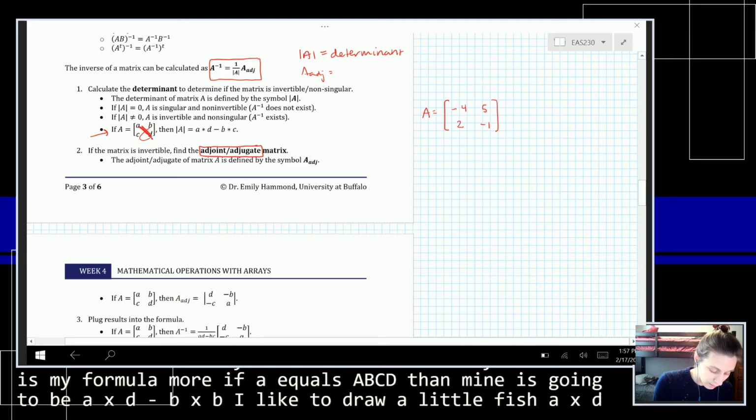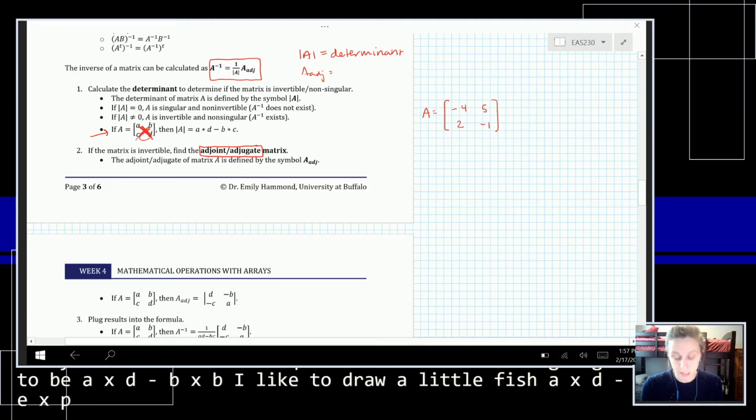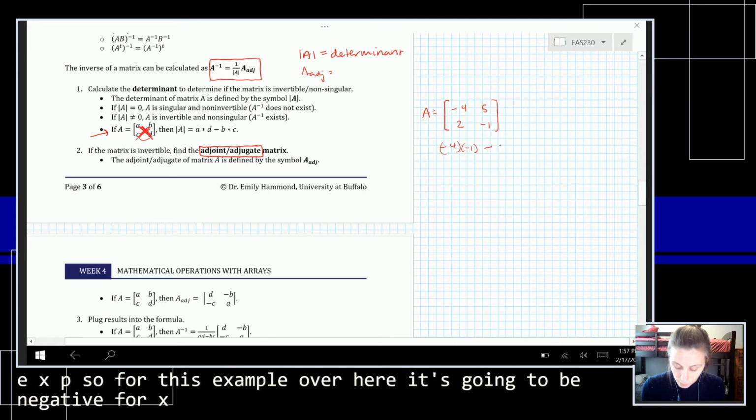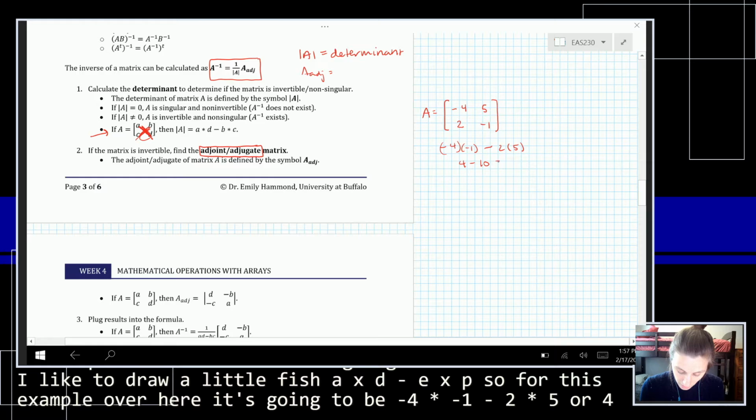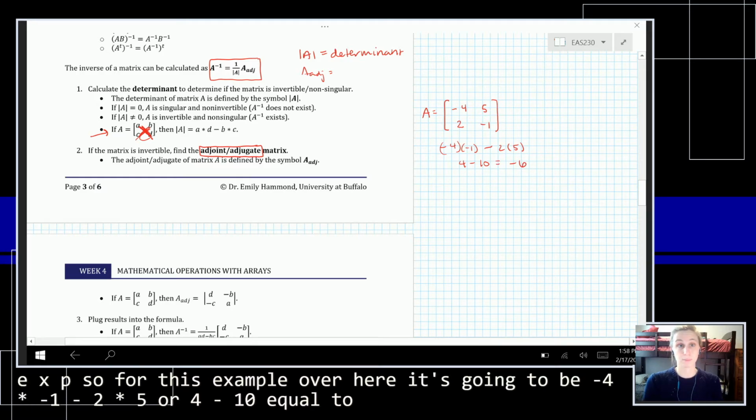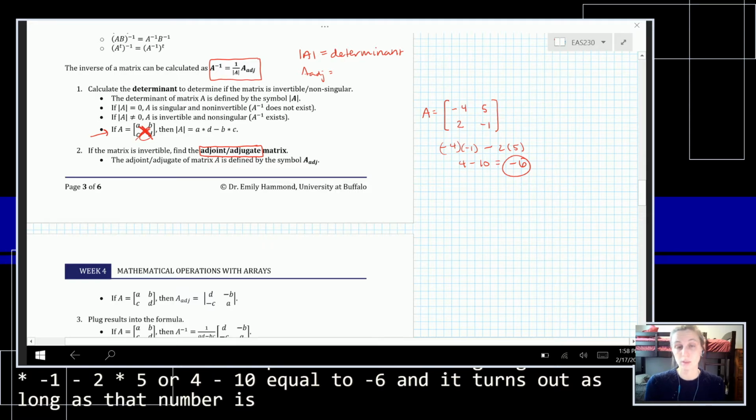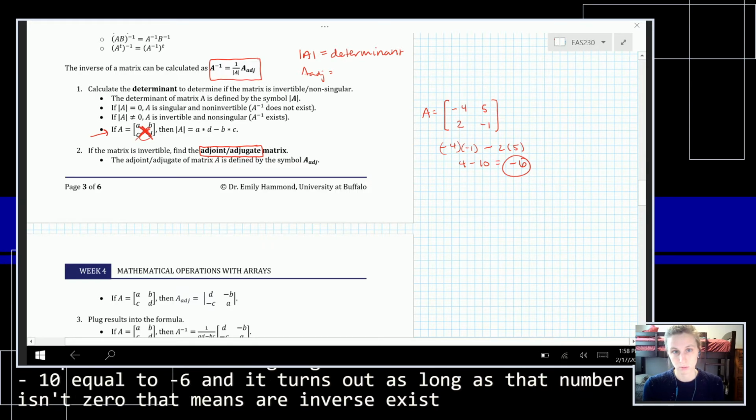For this example, it's going to be -4 times -1 minus 2 times 5, or 4 minus 10, equal to -6. As long as that number isn't 0, that means our inverse exists.